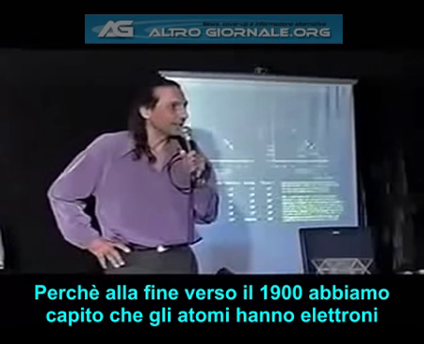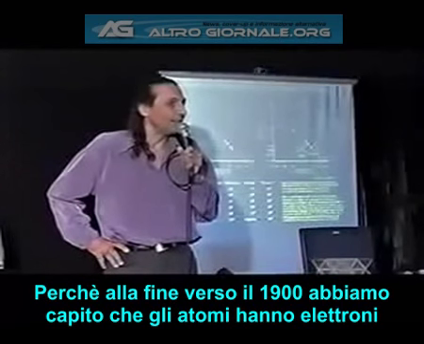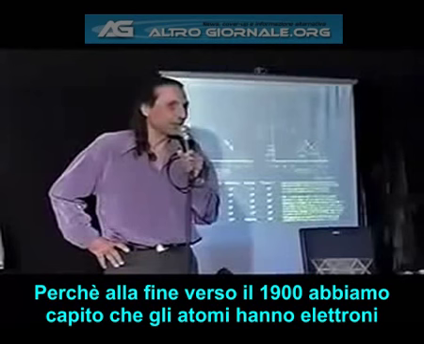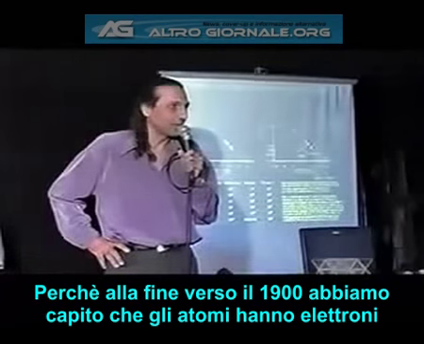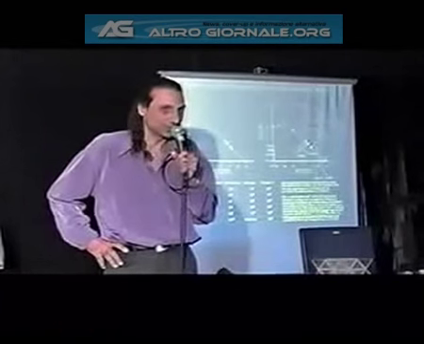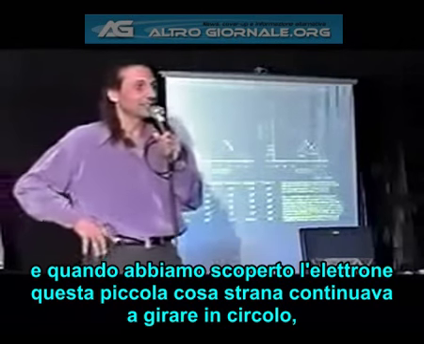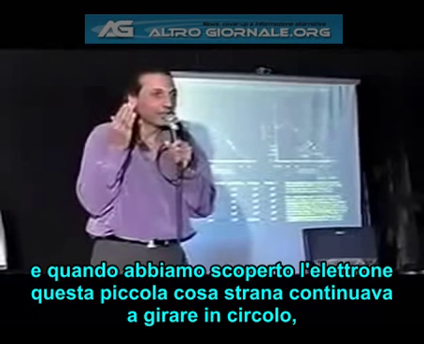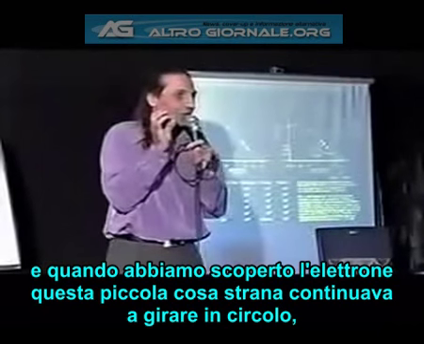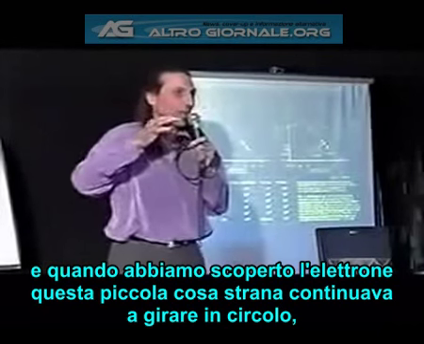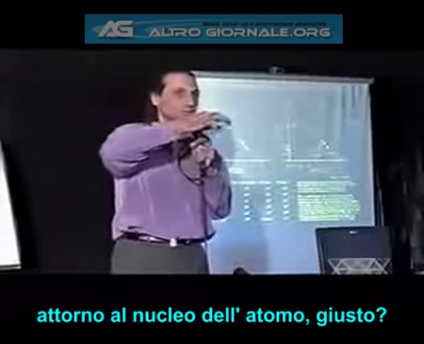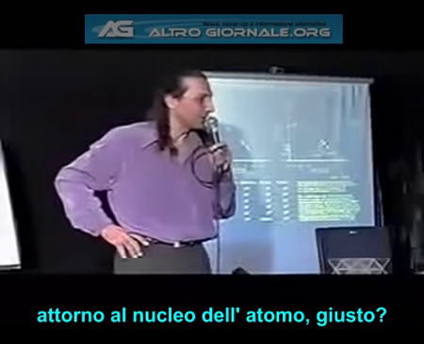Because in the late 1800s, we figured out that atoms had electrons. When we discovered the electron, this crazy little electron kept on going around in circles around the nucleus of an atom.